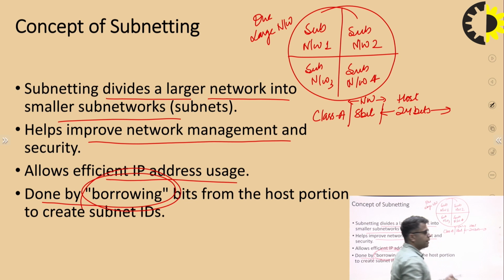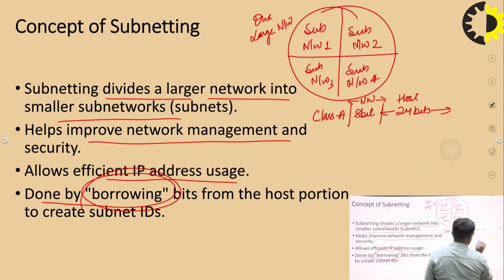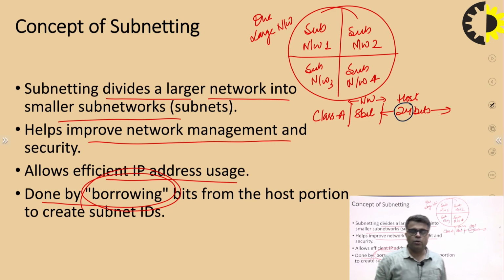So if a class A network has to be divided, then I have to borrow a few bits from the host. That means from these 24 bits, I will be using some bits depending on how many subnetworks I want to create.